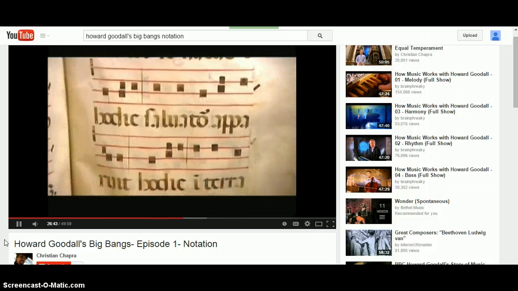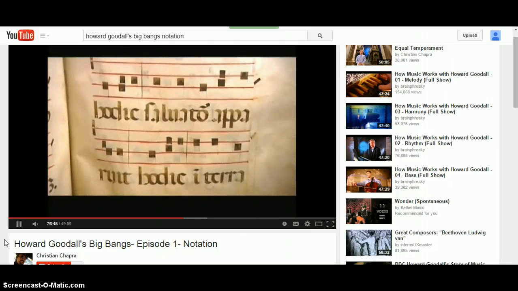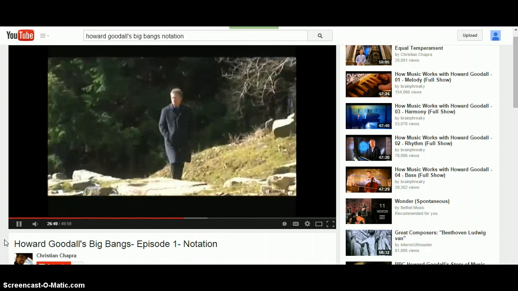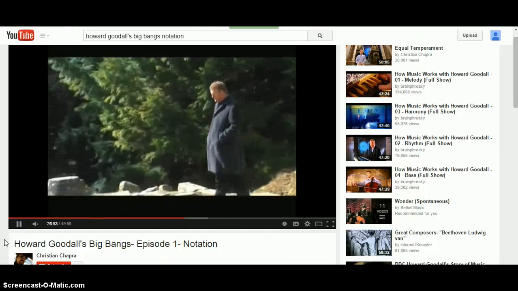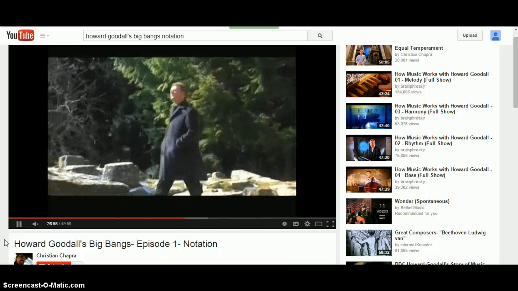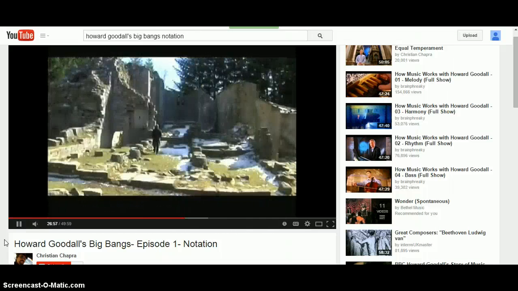The 5th line that we're familiar with, by the way, was added for other sorts of music in the 14th century. What Guido was trying to do was cut down the learning of the Gregorian chant from 10 years to 1.